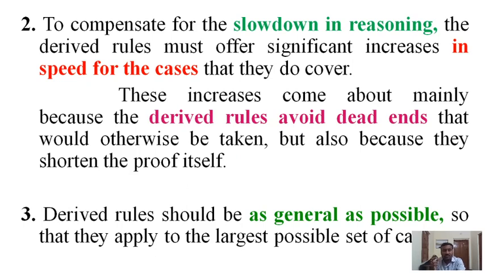So these are the three factors. One, if you add a large number of rules, it slows down. Second, to compensate for that slowdown, we provide high speed to the cases. The third point is that whatever rules you derive must be as general as possible.